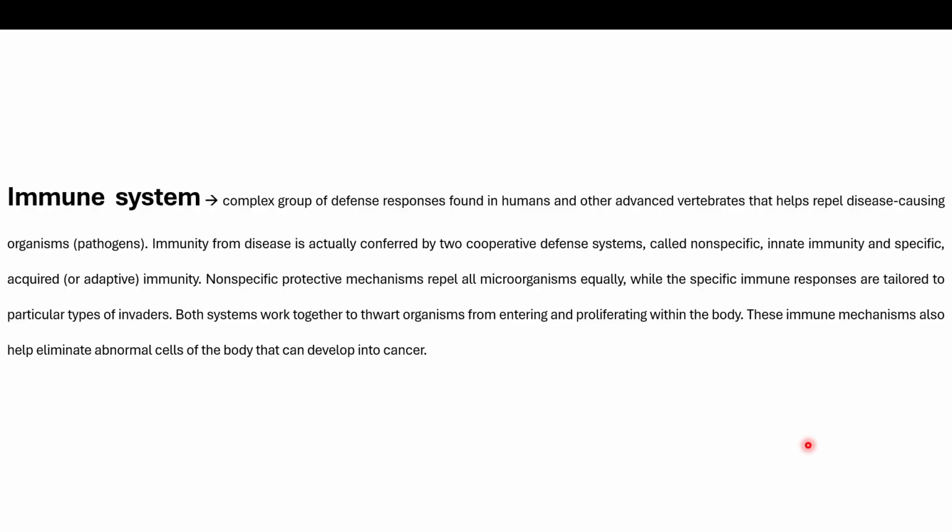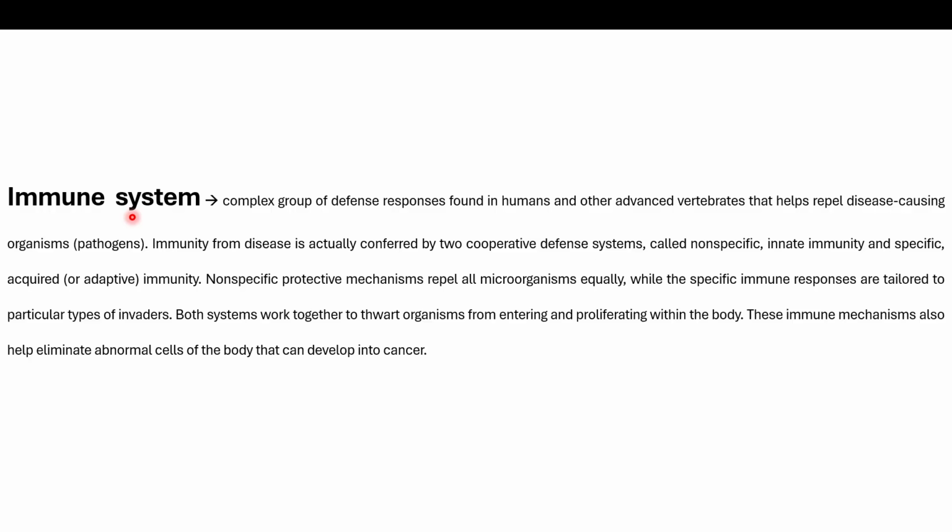Okay. Now, when we talk about the immune system, we have gone through this part in the previous tutorial also. Still, white blood cells constitute almost 1% of blood.